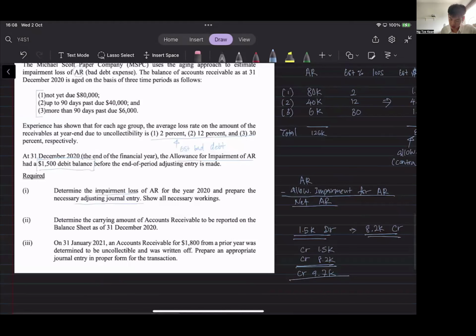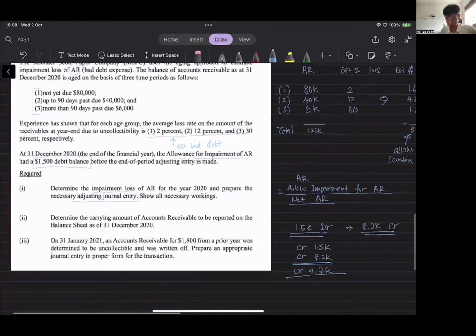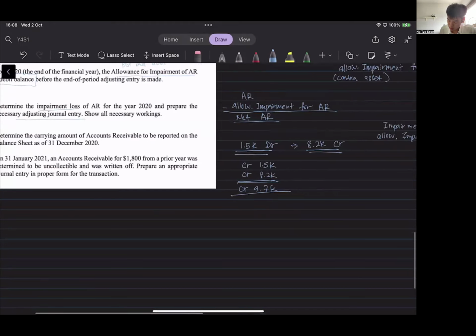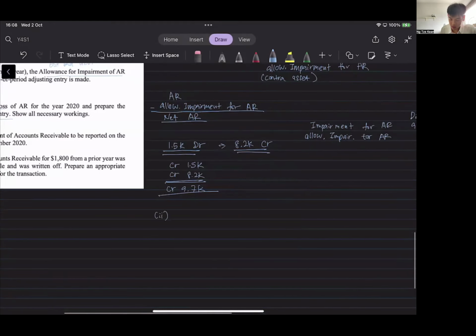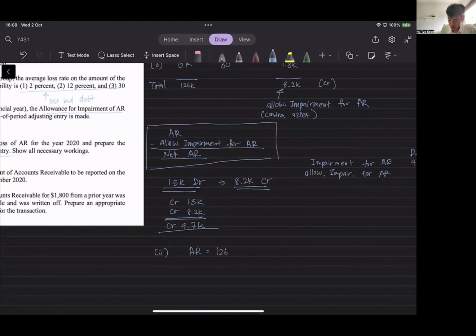Right? Now for part two, we need to determine the carrying amount of AR to be reported on the balance sheet. So for two, I think here it's very clear. This is the equation that we need to use. We are given the total AR of 126. We know the allowance for the impairment for AR to be 9.7.